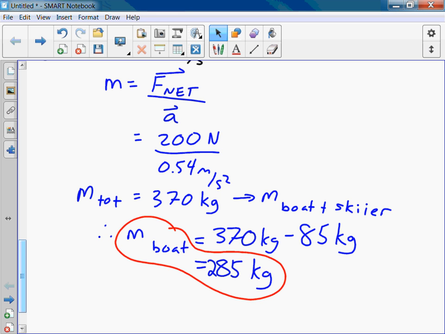But the last question here, they weren't asking for the tension, just the overall mass. So if F net equals ma, and Fg is equal to mg, mass times the gravitational constant, 9.81.